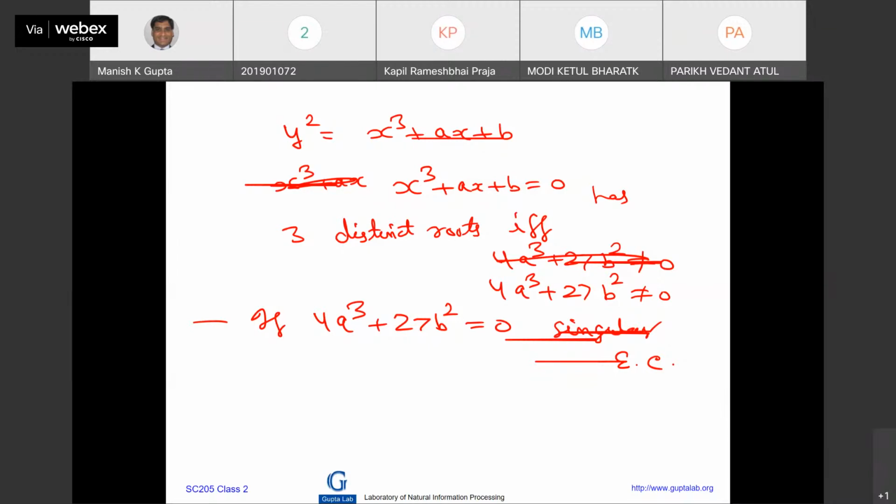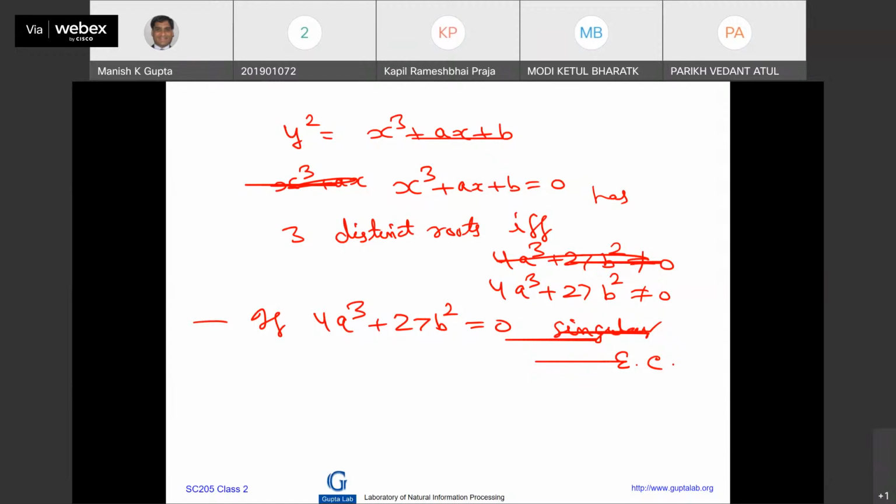You can verify easily that if you take any 2 points, P and Q on the curve, P plus Q belongs to the curve, it's closed. Then P plus Q plus R is equal to P plus Q plus R, I mean, the associativity is there. There is existence of an identity element. So this point at infinity, O, which is very important. I have not shown you how this works.